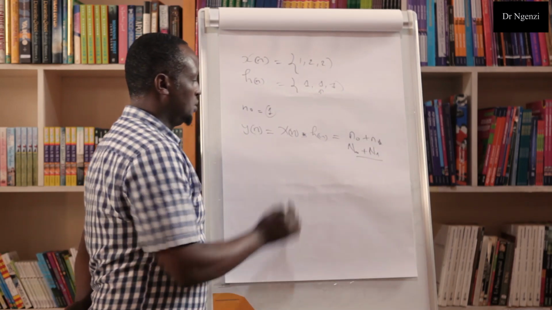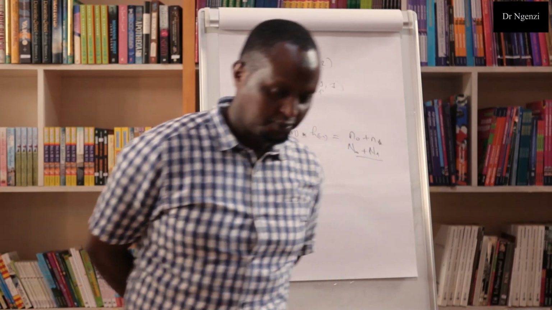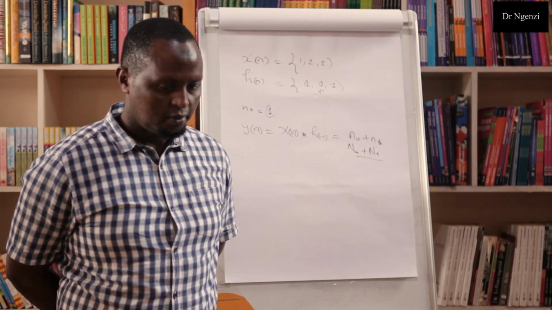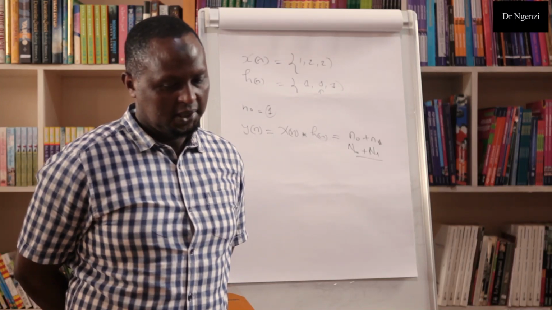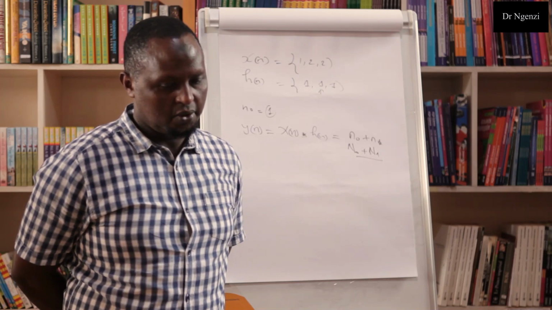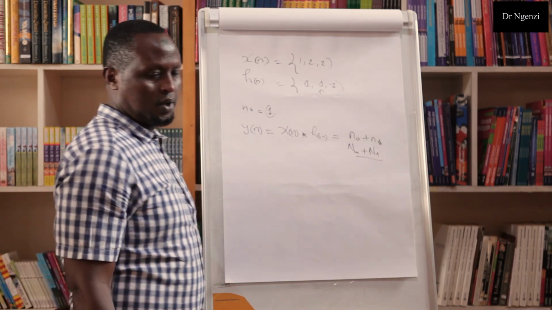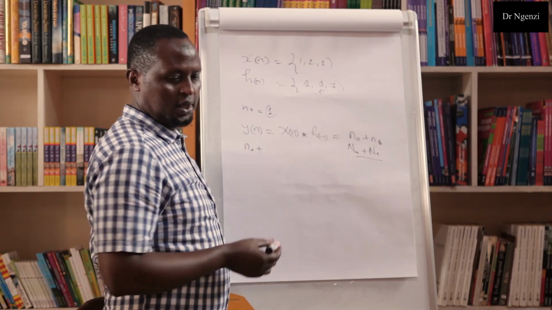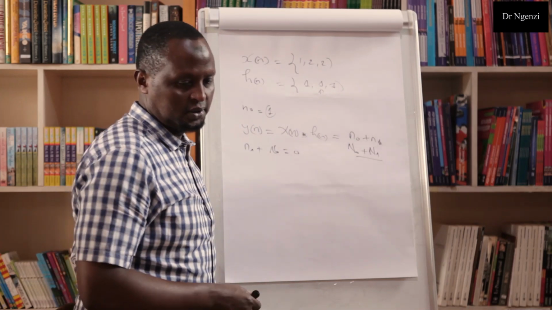So don't see this star and believe that it is a multiplication of signals. In this case, you can add these numbers and then get the response. You can have, for example, the big N, N1 plus N0, from the starting value.